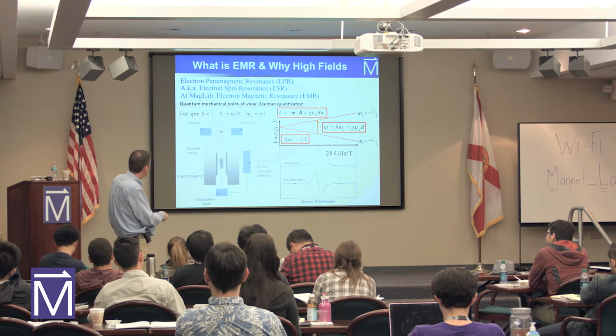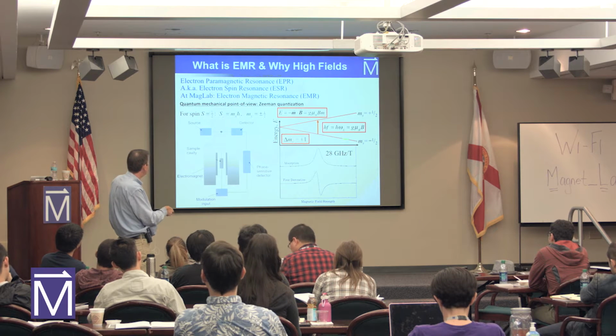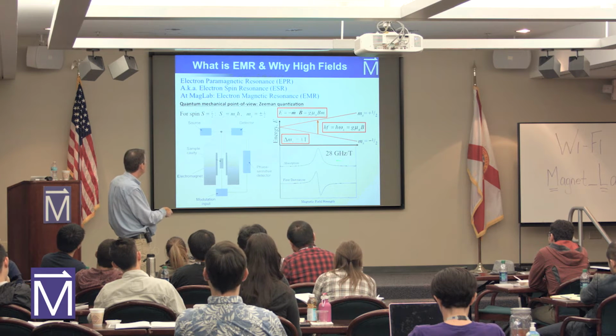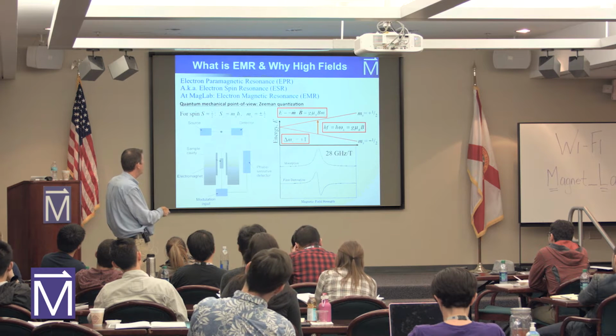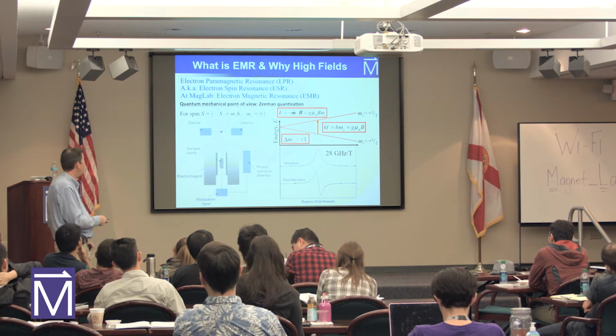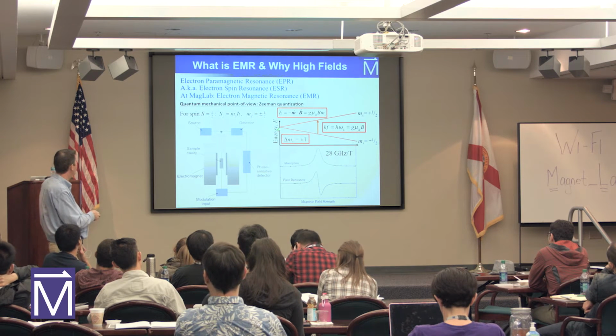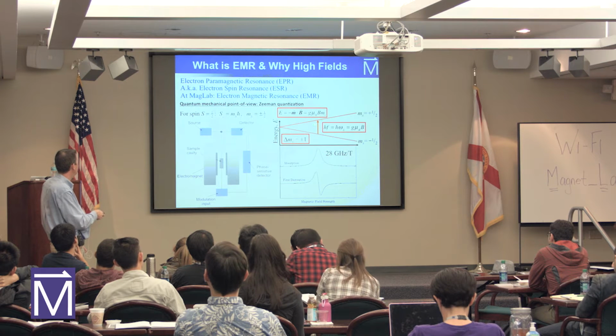In a typical experiment, what we do is we shine a fixed frequency onto the sample. If it was a free electron and we've shone 28 gigahertz onto the sample, at 1 Tesla the Zeeman splitting for the free electron would be exactly 28 gigahertz.